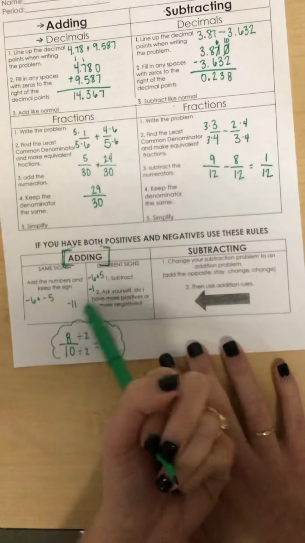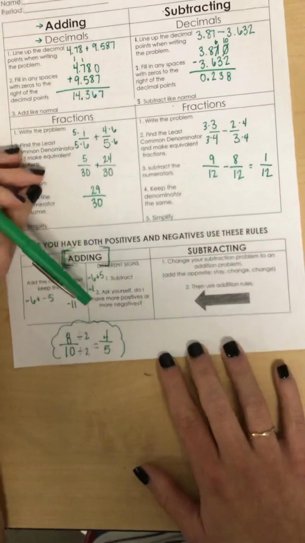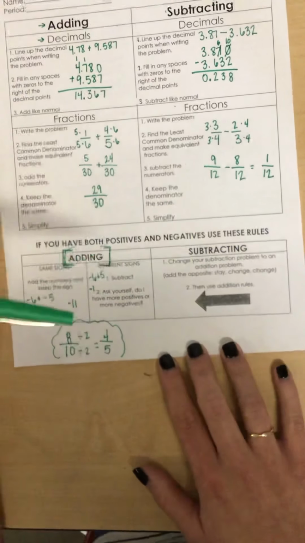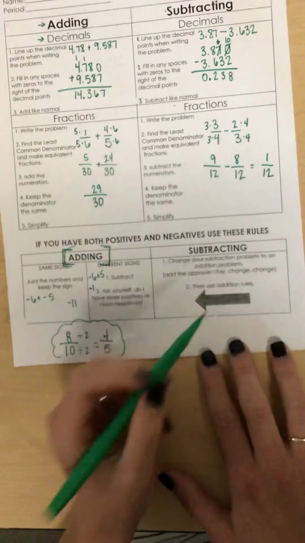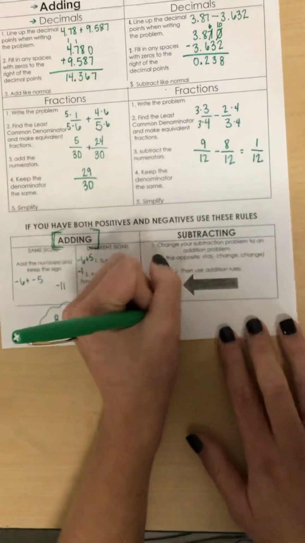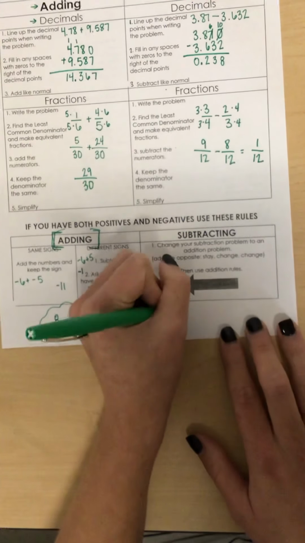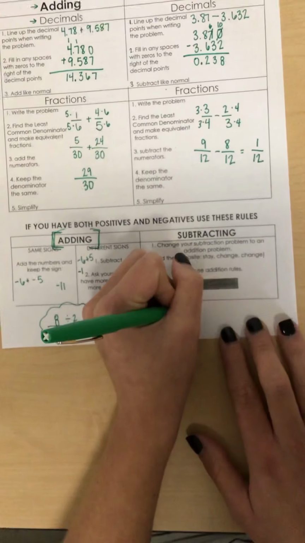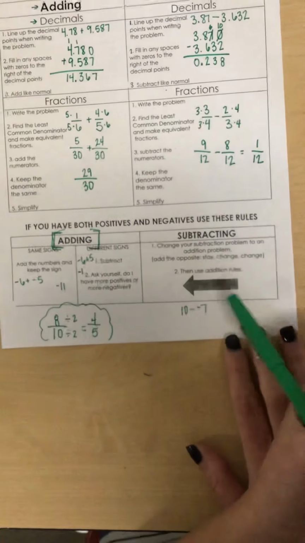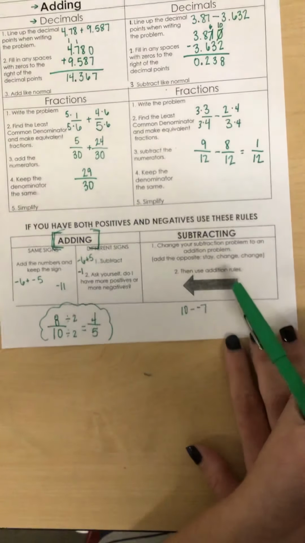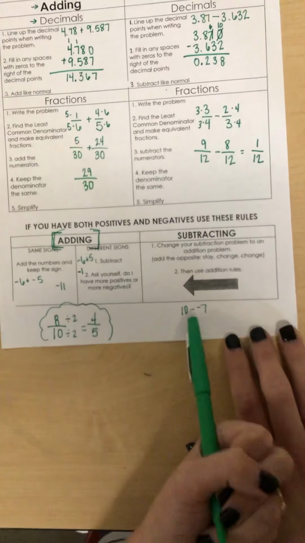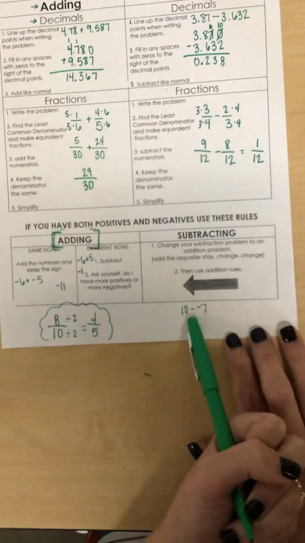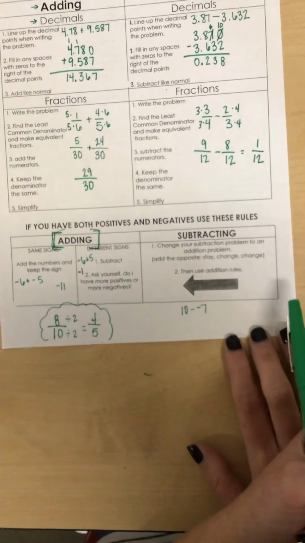So make sure you pay attention to those negatives, because now your fractions and decimals are also about to be positive and negative numbers. And then when you're given a subtraction problem, let's say we have 10 minus -7, the first thing you need to do is change it to an addition problem. The reason is because this is confusing to us. It's hard to know if our final answer should be positive or negative.